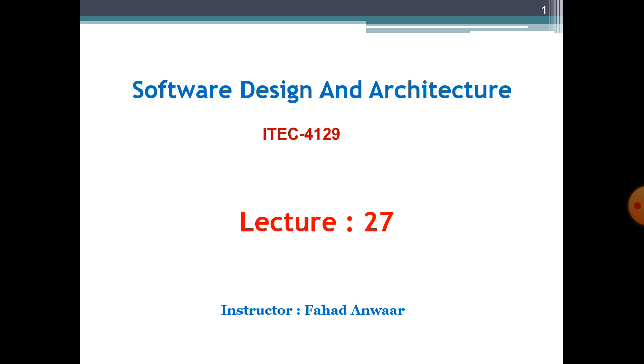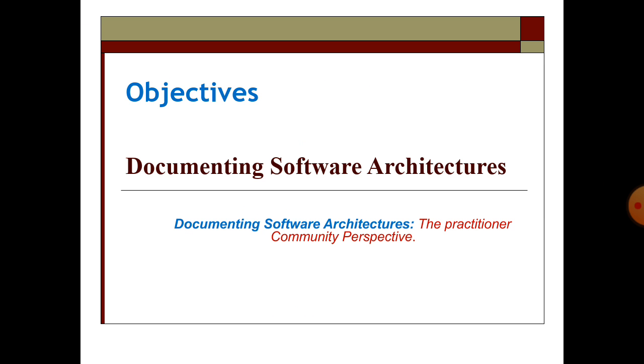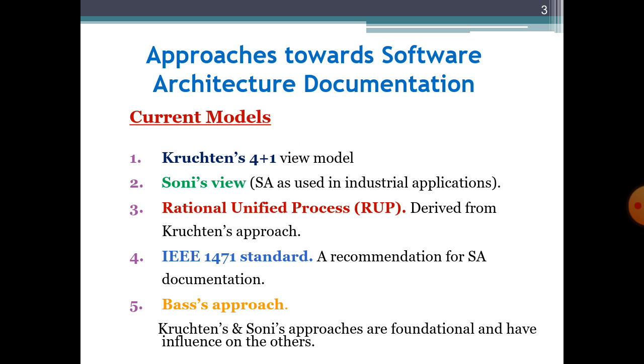So students, let's start the formal discussion of today's lecture number 27. Today's lecture is the second part of documenting software architecture. Basically, in this lecture, we will discuss the other three approaches towards documenting any software architecture. In our previous lecture, the first two approaches of documenting any software architecture were discussed.